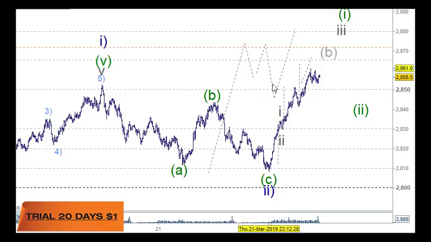But we need to make sure that we're actually going up after this too, because I explained that other correction, the B wave here, could send us way back down here for this wave 2, but you don't get expanded flats in wave 2s. I mean, I've seen it. It's possible, but I wouldn't expect it in this market on this size of correction, at least. Alrighty, I'll leave it at that.